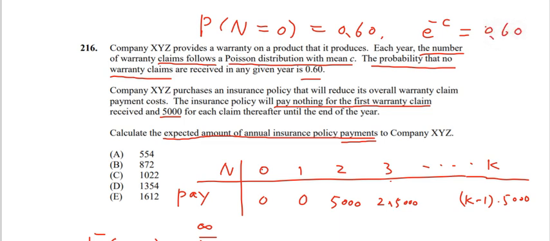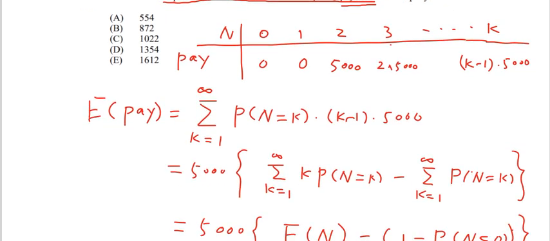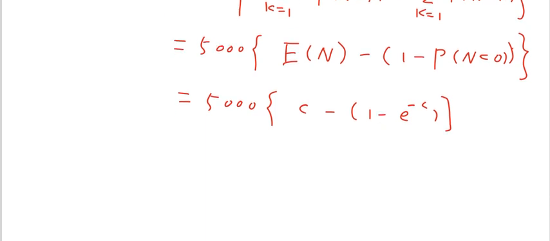From here we can find C: C equals negative ln 0.6. Now we can plug in this C here. So C equals negative ln 0.6, and this one is actually 0.6, right?